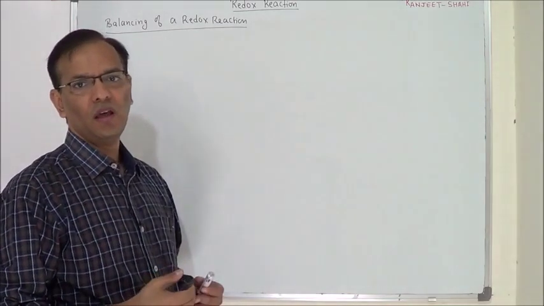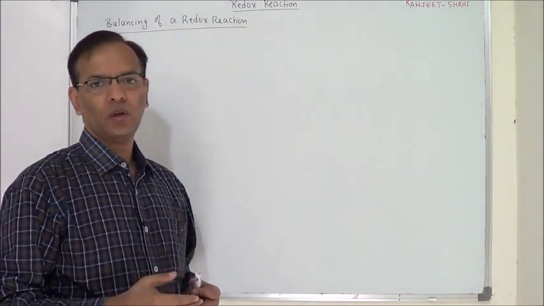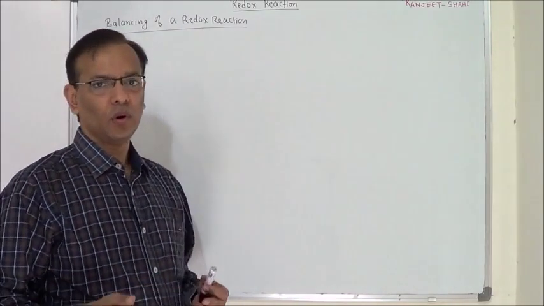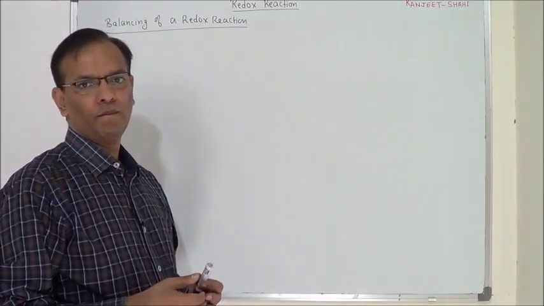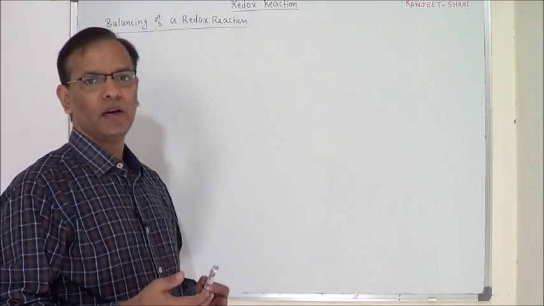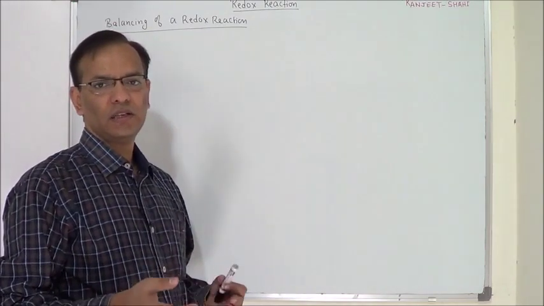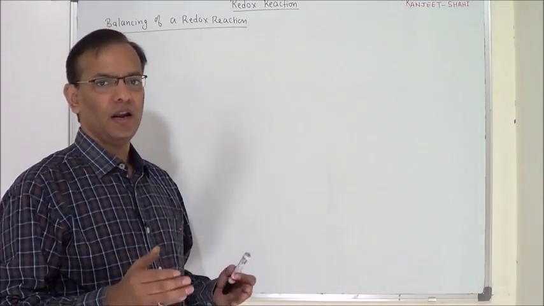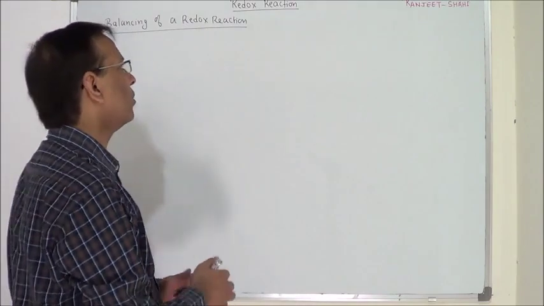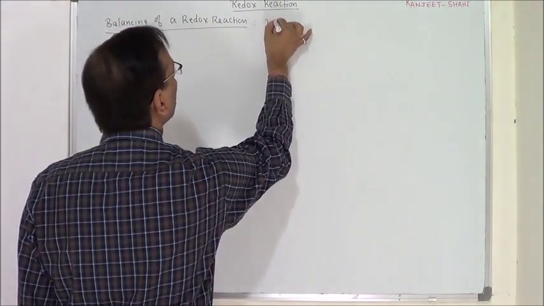One is the oxidation number method, which is mentioned in the NCERT book also. But we would prefer a better method, which is also there in the NCERT book, that is the ion-electron method.